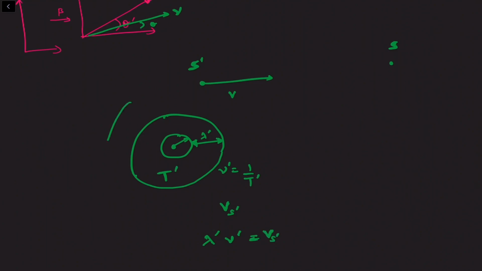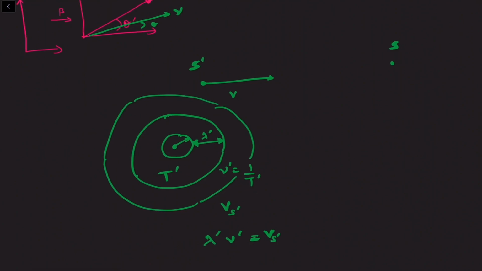So you'd have many wavefronts which are emitted from the source S prime, and these wavefronts would be uniformly spaced between themselves. And now let's see what an observer S would measure.